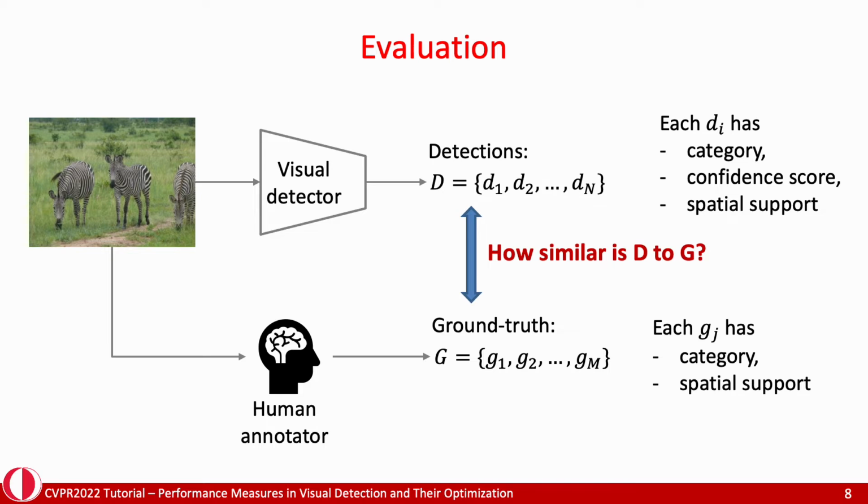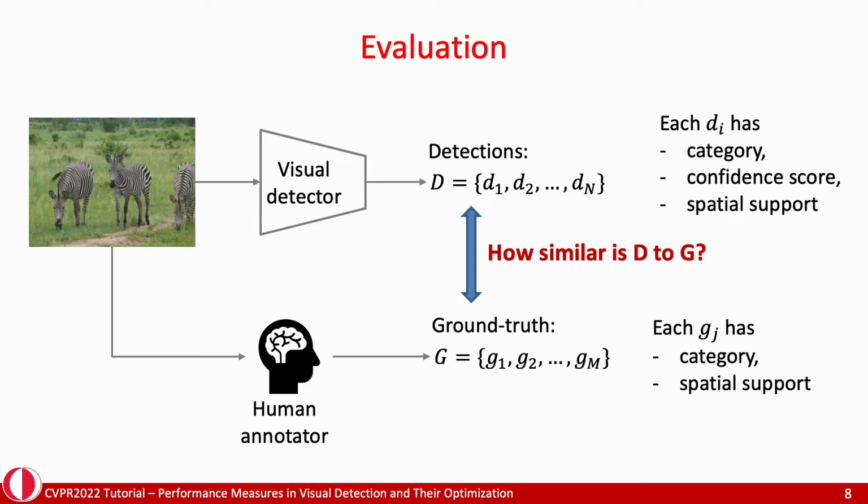So any evaluation or performance measure that compares lists D and G needs to compare an individual detection, for example D2, with an individual ground truth item, for example, GM. And this comparison needs to account for two things: to measure the overlap between their categories, in doing so taking into account the confidence scores, and to measure the overlap between the two spatial supports.